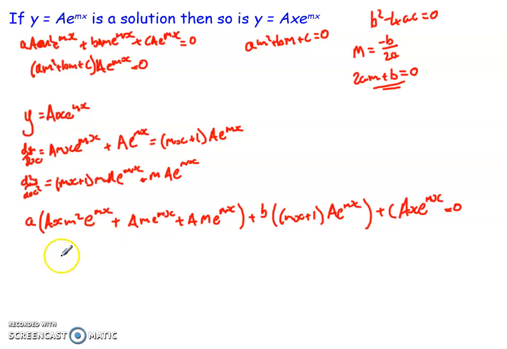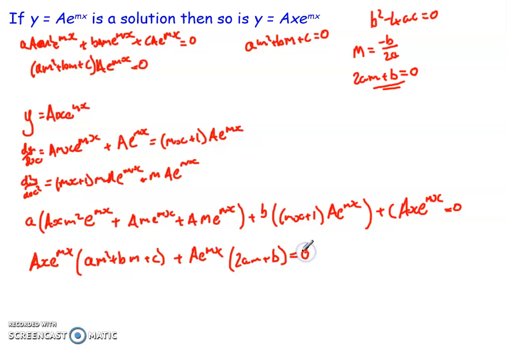What I'll end up getting is (ax e to the mx) times (am squared plus bm plus c), then plus ae to the mx times (2am plus b), and I know that equals 0.